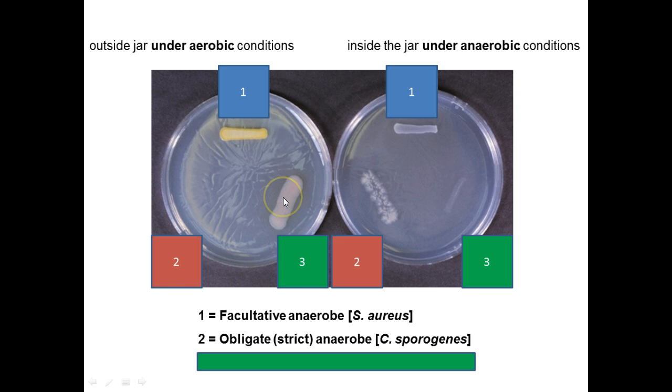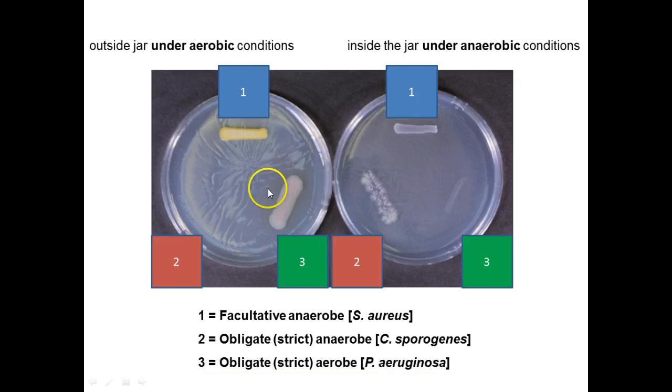Number 3, we have quite abundant growth under aerobic conditions, and very decreased, probably killed off, under anaerobic. You see how you can see where they streaked it, but probably these organisms are dead. So this would be our aerobe, only growing under aerobic conditions, killed off under anaerobic conditions.